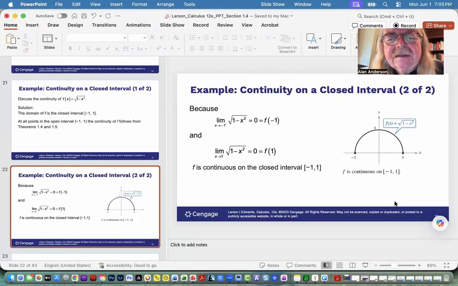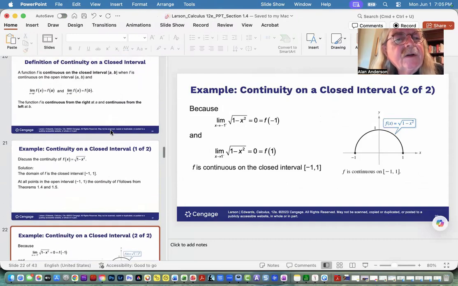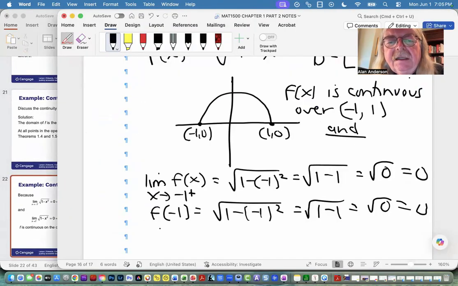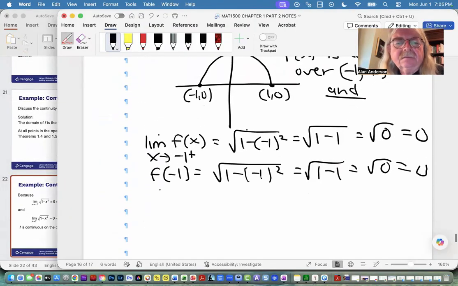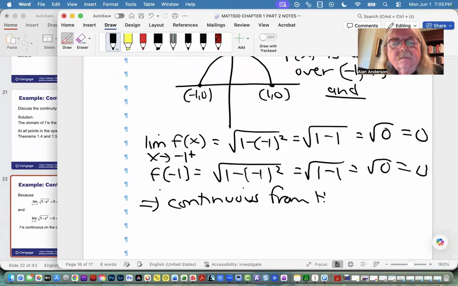Okay, good. So we say that at the very least, it is continuous from the right, and then we want to check being continuous from the left.